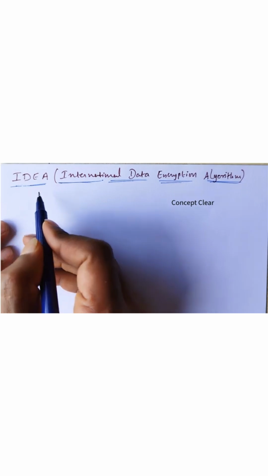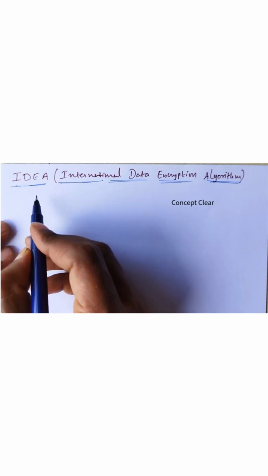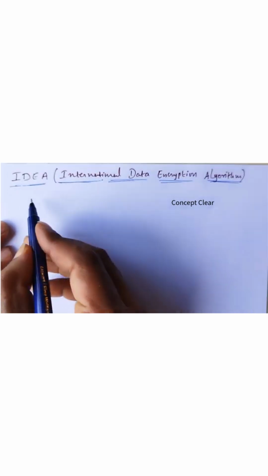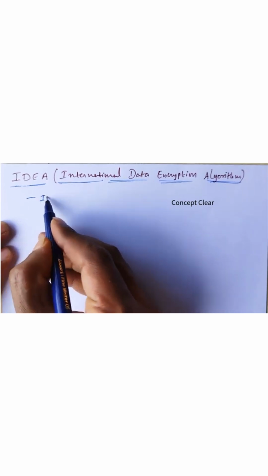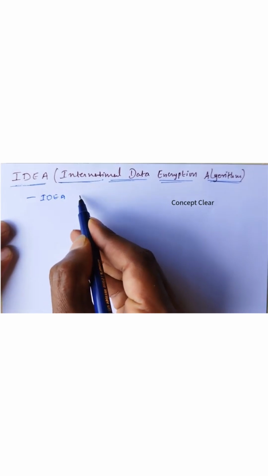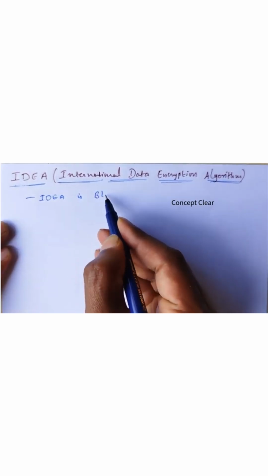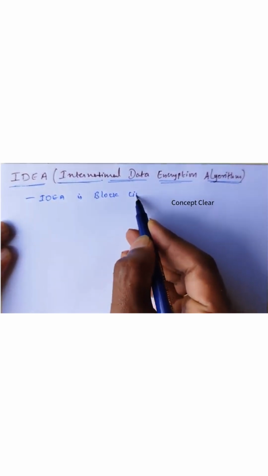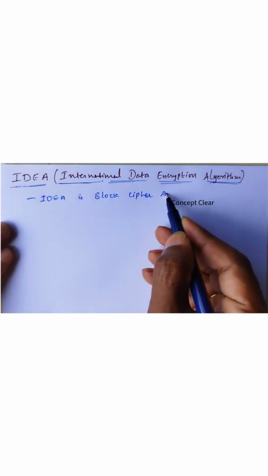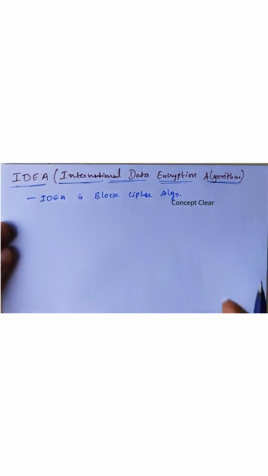Cryptography and network security. First of all, what is the IDEA algorithm? The IDEA algorithm is a block cipher algorithm. We know the meaning of block cipher: the plain text is divided into a number of blocks and ciphertext of the same size is created.